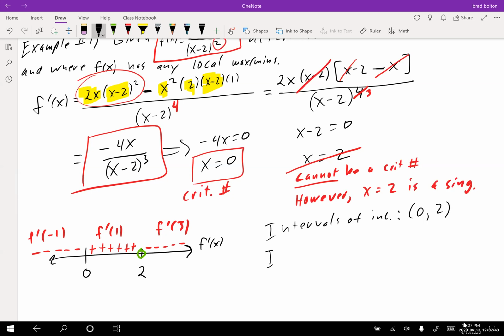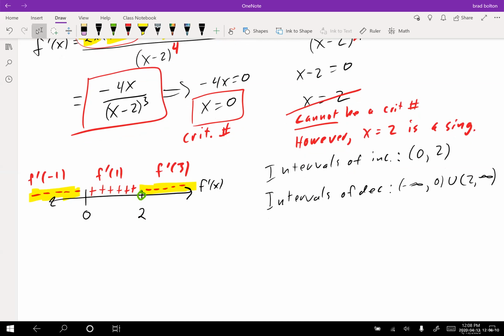And then the interval of decreasing would be from -infinity to 0, union 2 to infinity. Because we're looking again at this interval and this interval as having negative slopes, so those are decreasing.